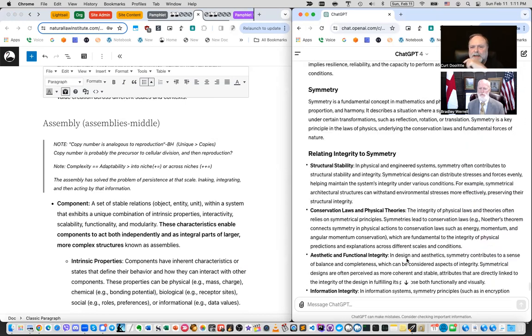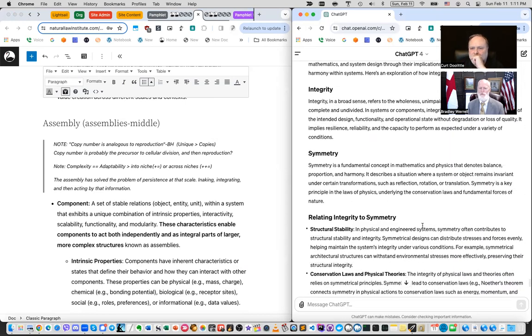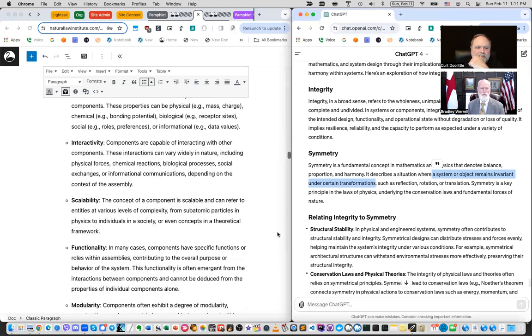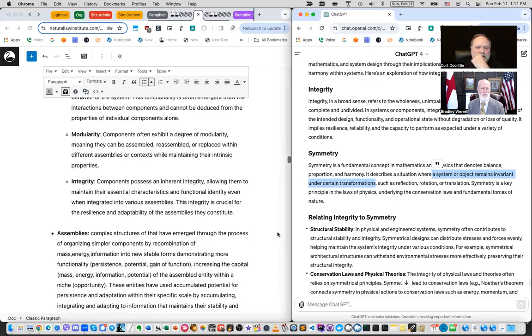It didn't do a good job on that one. No, I wasn't impressed. Okay. A system or object remains invariant under such transformations as reflection. Okay, so integrity is a component and symmetry is a system.